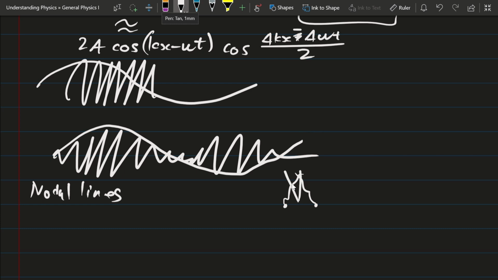Nodal lines are basically points in which the particle doesn't displace. And this is caused by interference, the same idea. So that's the general rule about interference.